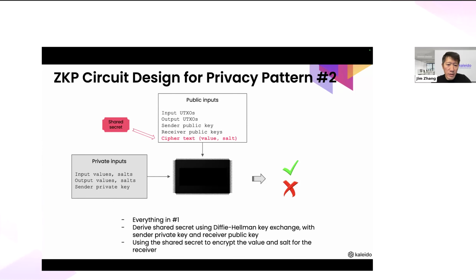But having done this by the zero knowledge proof circuit, we have proven that the ciphertext is properly generated according to our shared secret between the sender and the receiver.